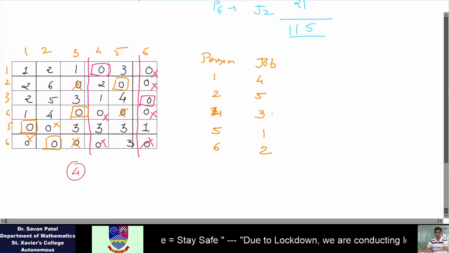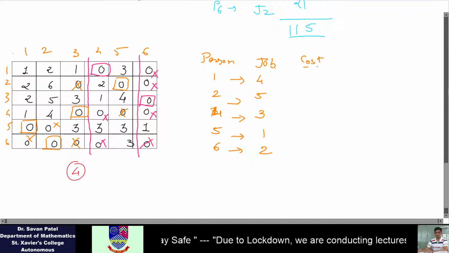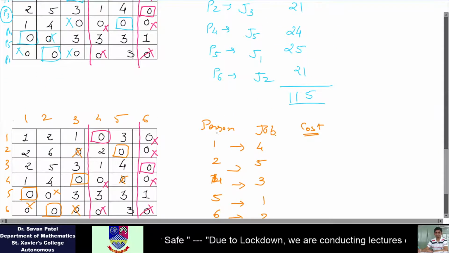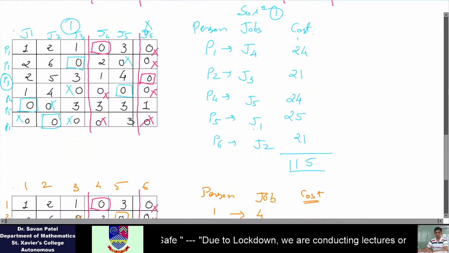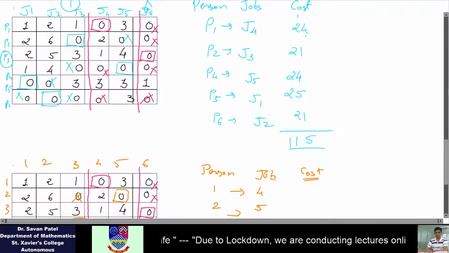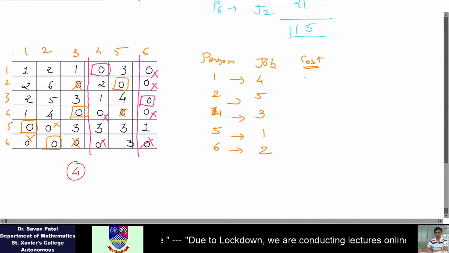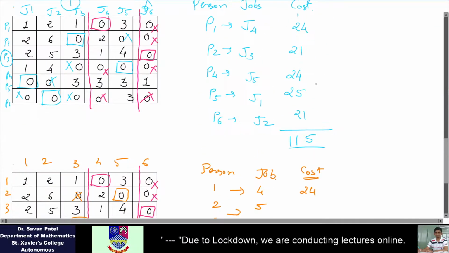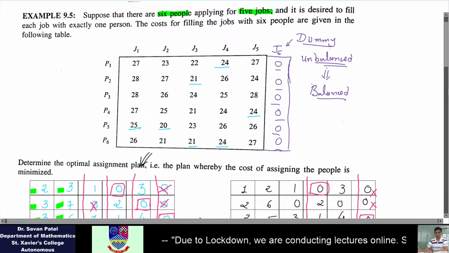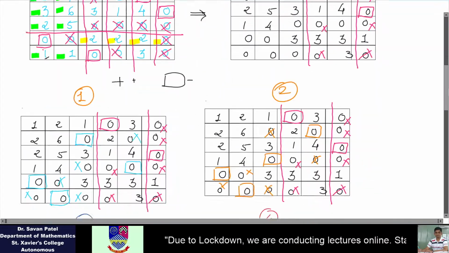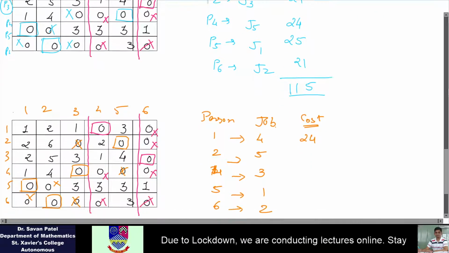So what are the corresponding costs? 1 to 4 is 24, so that is directly 24. 2 to job number 5 is 24, so the cost is again 24.